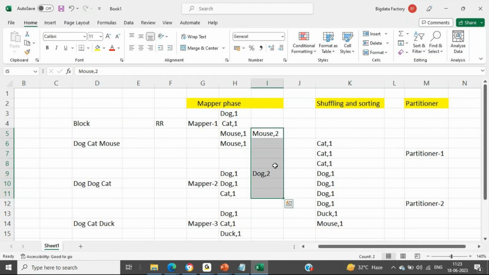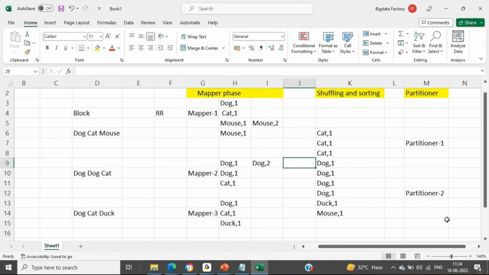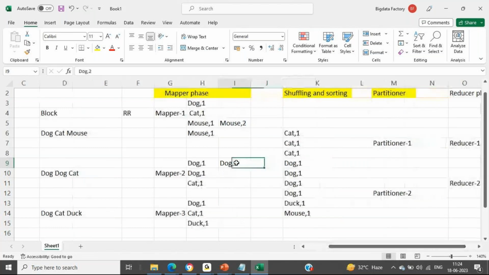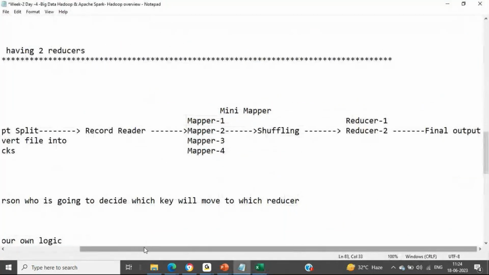So we need to think in such a way that we can reduce the amount of shuffling, and it will definitely boost our process. We will be able to get the outcome with low latency, and the reducer will work less in that case.